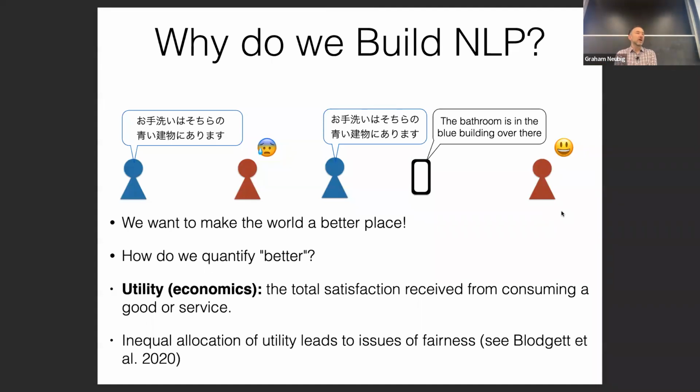But assuming that NLP systems are helping people in the world in some way, either through translation or information extraction or something else, unequal allocation of utility leads to issues of fairness. So if a system is working better for some people than it is working for others, then that's obviously a problem.